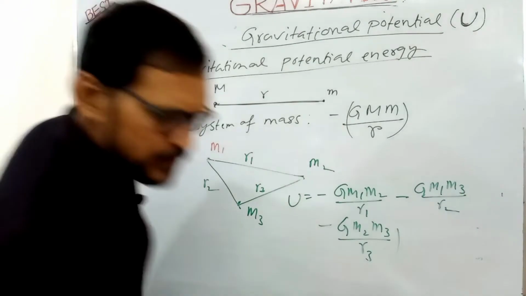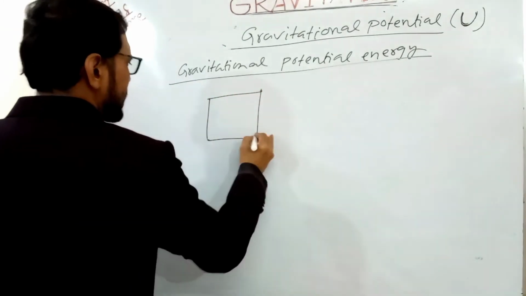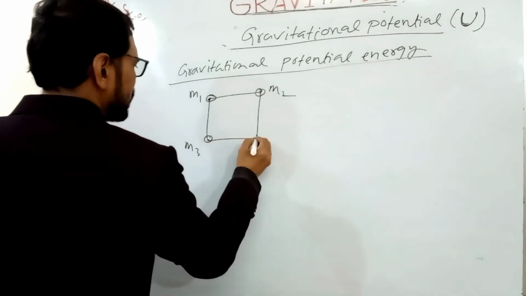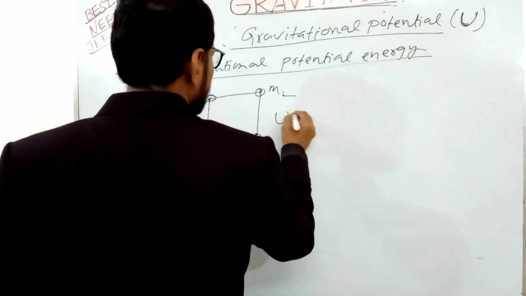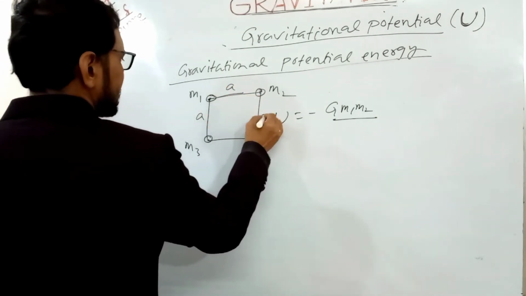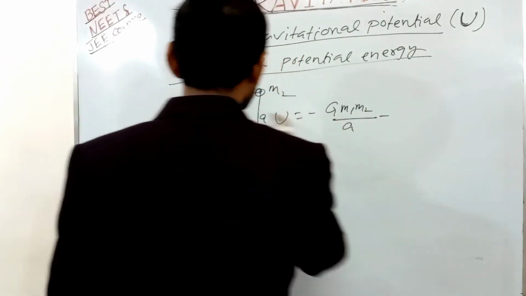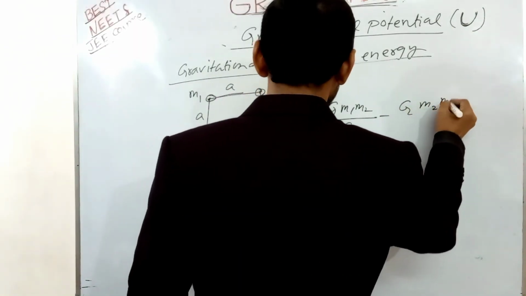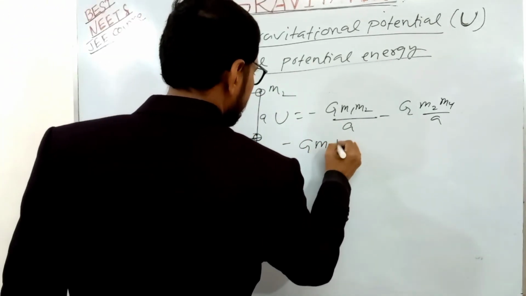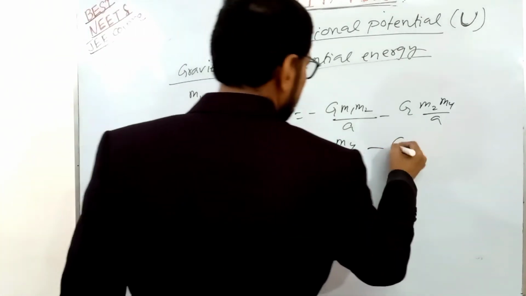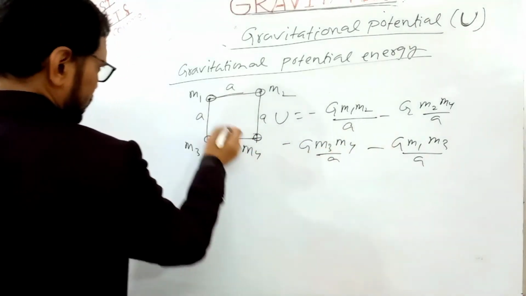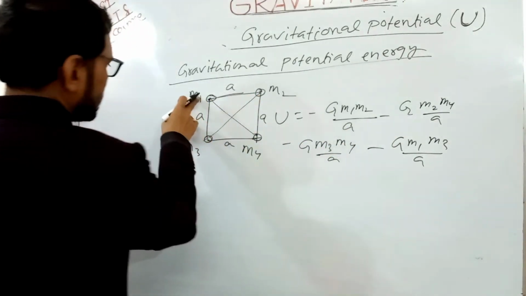If suppose four masses are present, here m1, m2, m3, m4, and suppose this is a square of side A. So the gravitational potential energy is equal to minus G m1 m2 by A, minus G m2 m3 by A, minus G m3 m4 by A, minus G m1 m3 by A. For a four mass system, we write four pairs, and then the diagonal pairs.